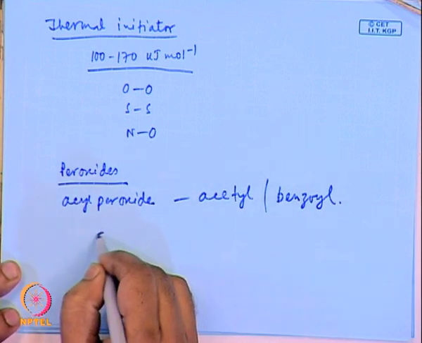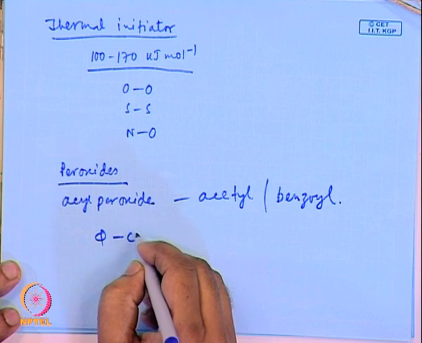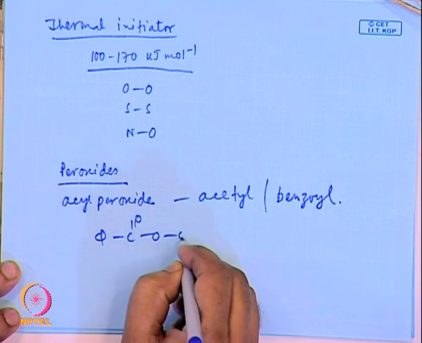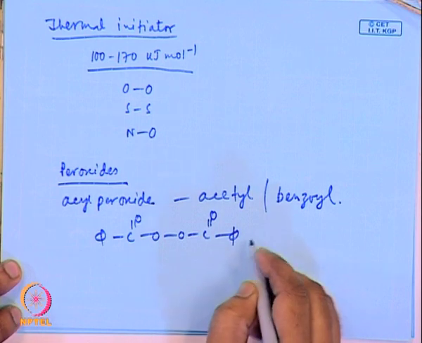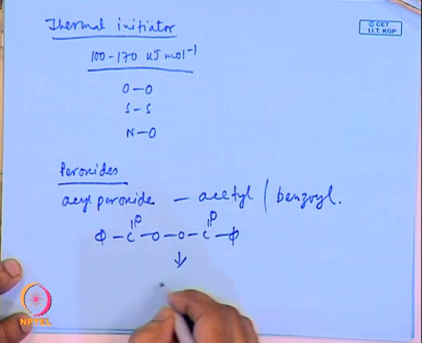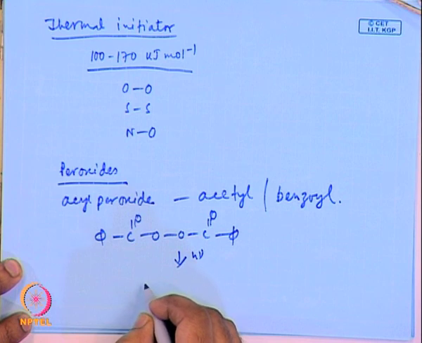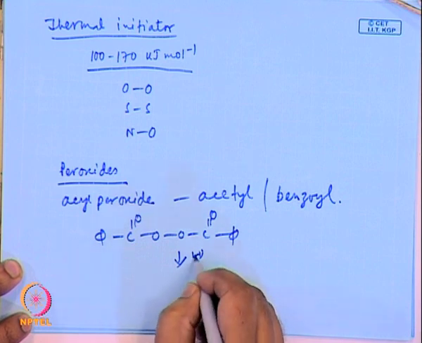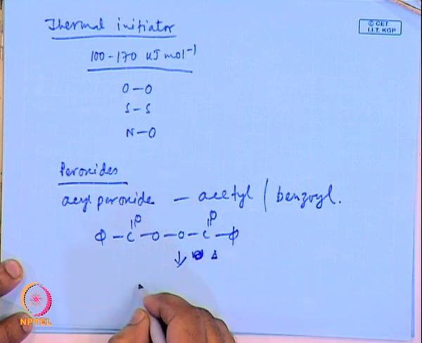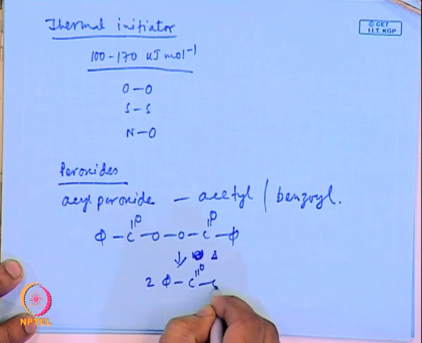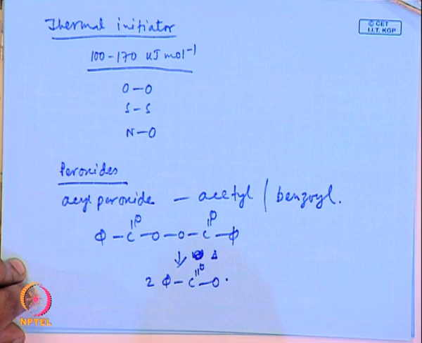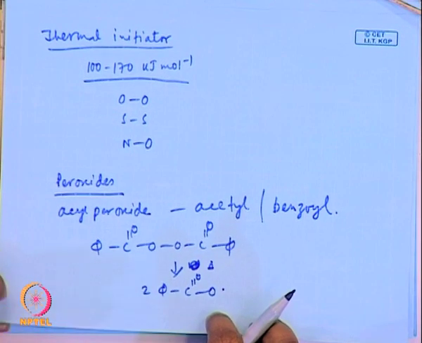If I write the structure of benzoyl peroxide, it can break homolytically on thermal energy, on heating, to two C6H5COO dot radicals. Now, you can have alkyl peroxides as well.